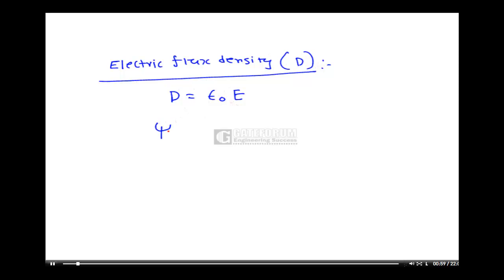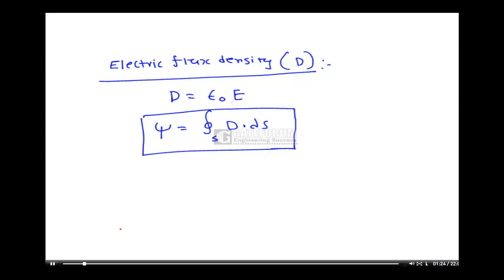Electric flux phi is given by the integral over S of D dot dS. That is, if you integrate the electric flux density over the entire surface, you will get the flux. So this is the relation between electric flux and flux density.